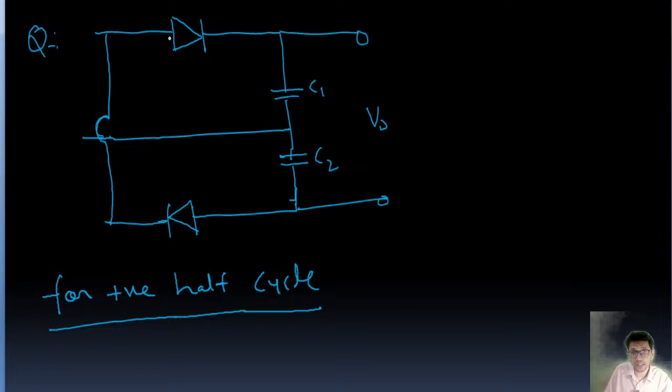For plus half cycle, this is forward biased, means this is going to work as a short circuited wire, right? And this is going to be open circuited, because it is reverse bias, right? So the figure for positive half cycle is going to be like this. This is short circuited, and then this is output.